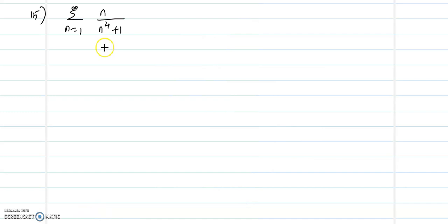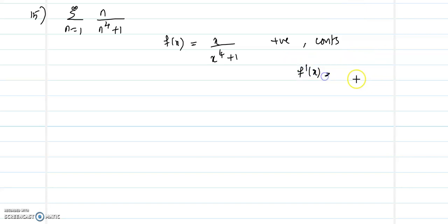And next one we have the summation n equal to 1 to infinity n by n raised to 4 plus 1. So we have f of x equal to x by x raised to 4 plus 1. So it will be positive and it will be continuous whenever x is greater than or equal to 1. And if we take f dash of x, we'll get x raised to 4 plus 1 whole square on the denominator, then x raised to 4 plus 1 into derivative of x, which is 1, minus x into 4x cube.